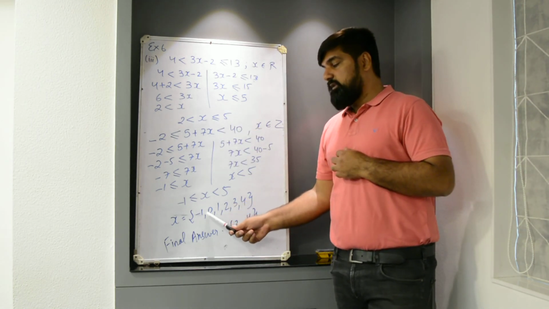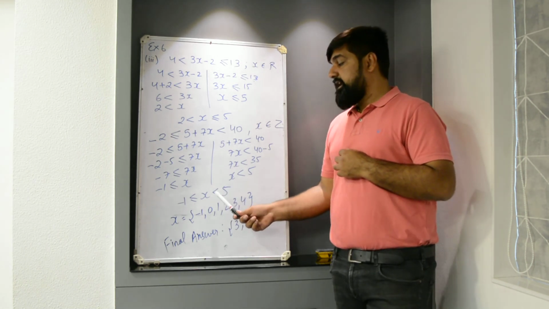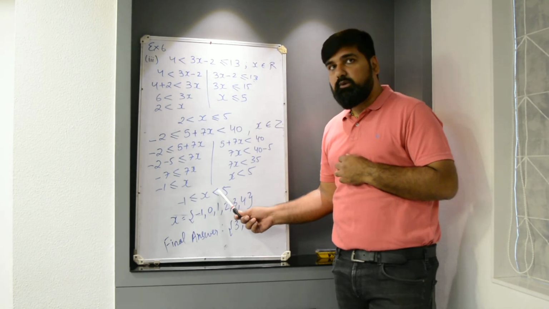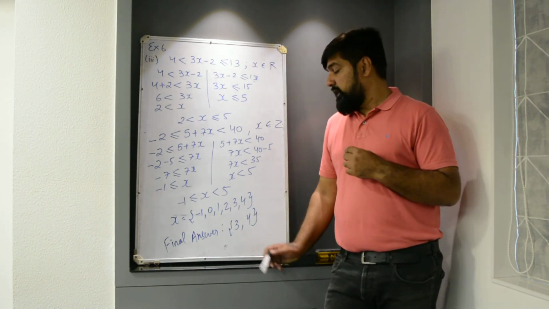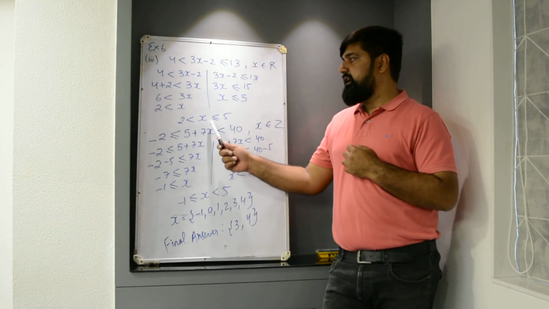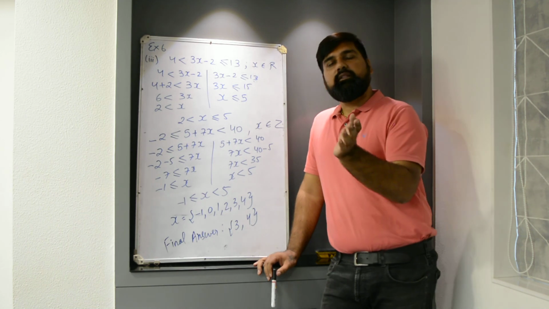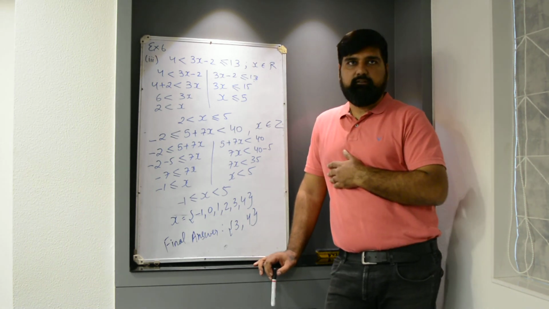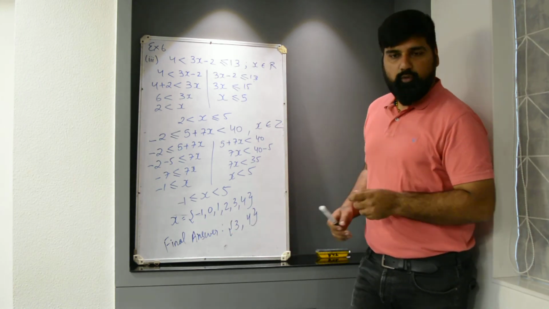Here we have -1, 0, 1, 2, 3, 4. We have not included 5 because x is less than 5. It is not equal to 5, it is less than 5. So the integer which is less than 5 is 4. So that's why it will be 3 and 4. And here, real numbers are more than 2 but less than or equal to 5. So the final answer will be 3, 4.